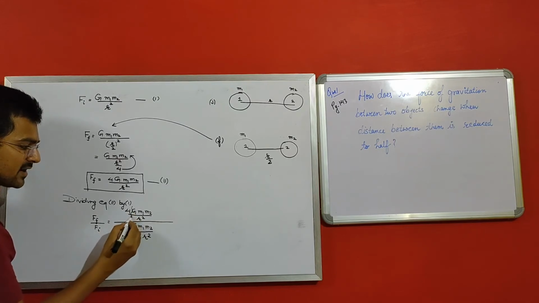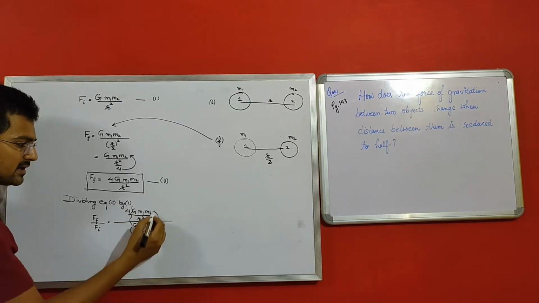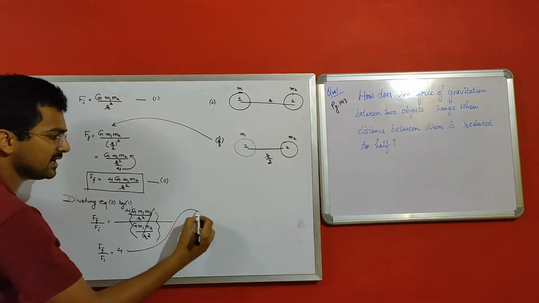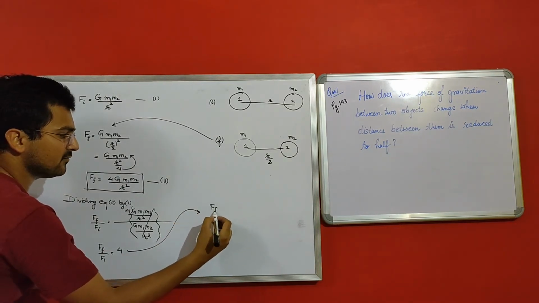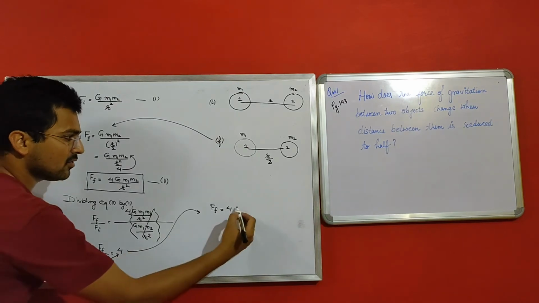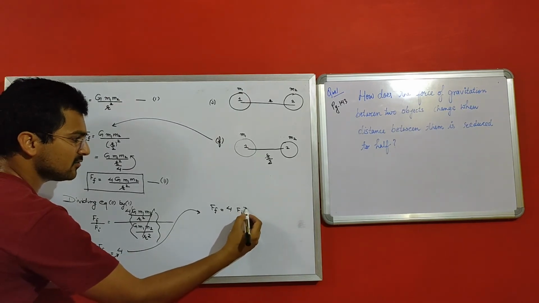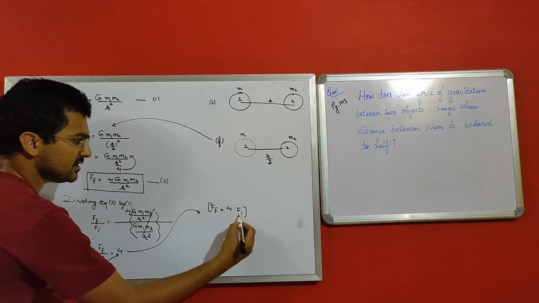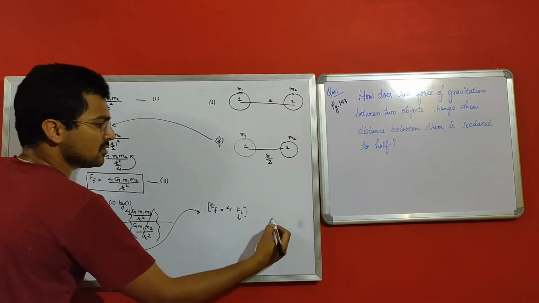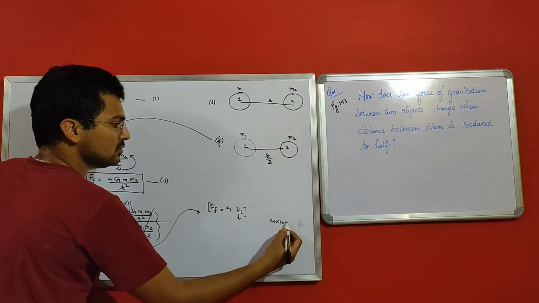If you see, this whole factor gets cancelled out. We have final force divided by initial force equal to 4, or we can write final force is equal to 4 times the initial force. That is, if initial force is 10, then final force will become 4 times, 4 into 10 is equal to 40.